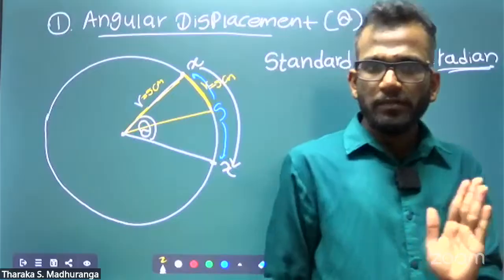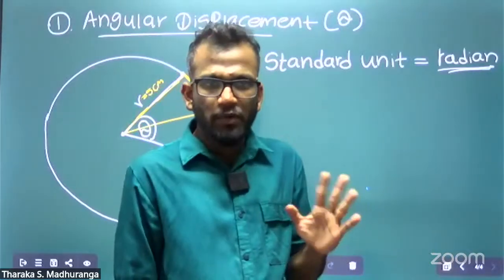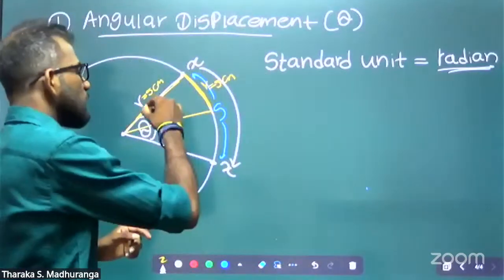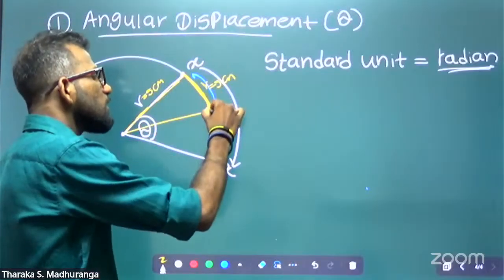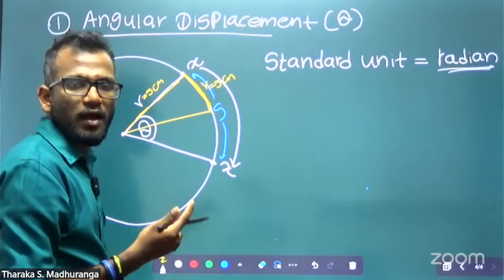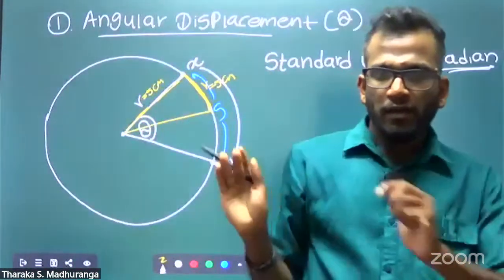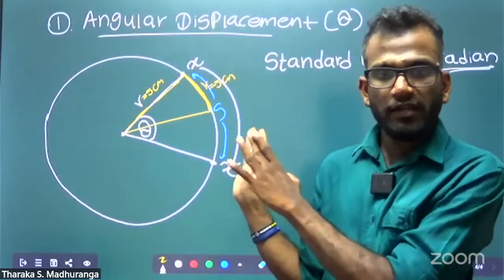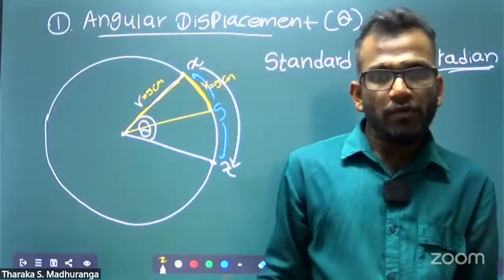Do you remember? If not, I will explain again. That's the meaning of 1 radian: the angle given by an arc length equal to the radius.